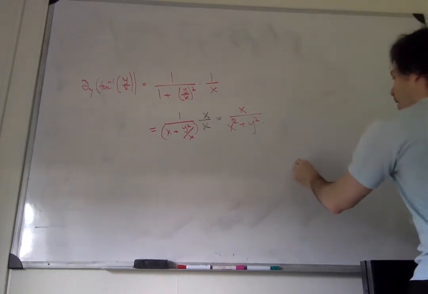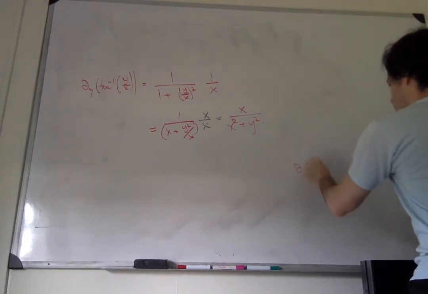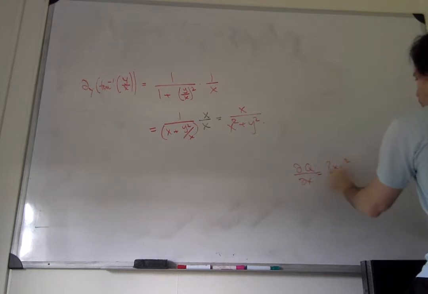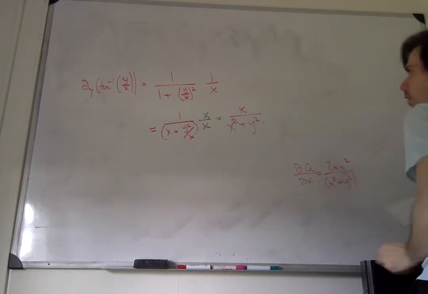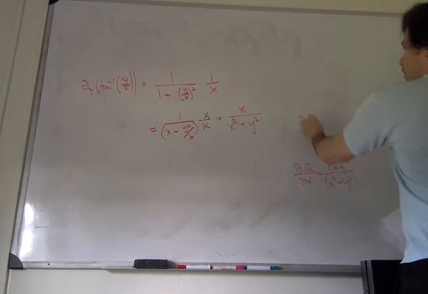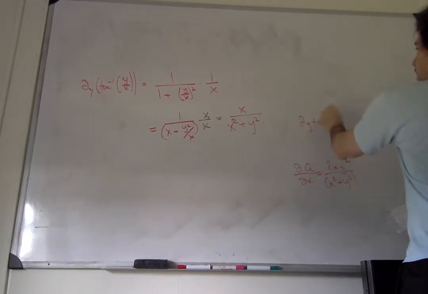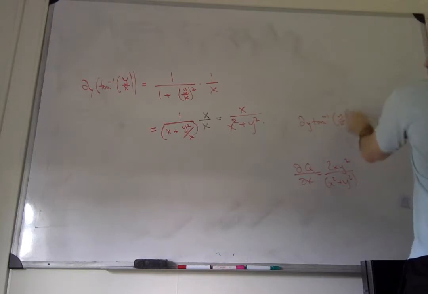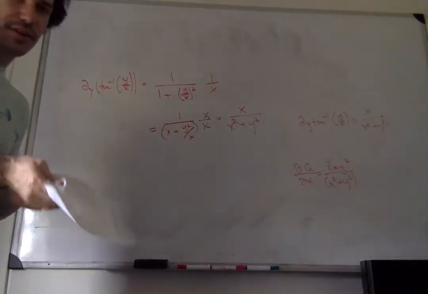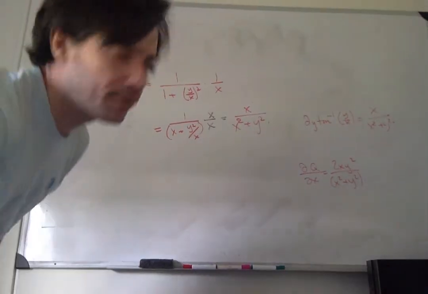Keep in mind that when I did del q by del x, I got 2x y squared over x squared plus y squared. So the derivative del y of arctan y over x, in summary, is x over x squared plus y squared. Because I have a limited amount of space on the board, I have to erase that.